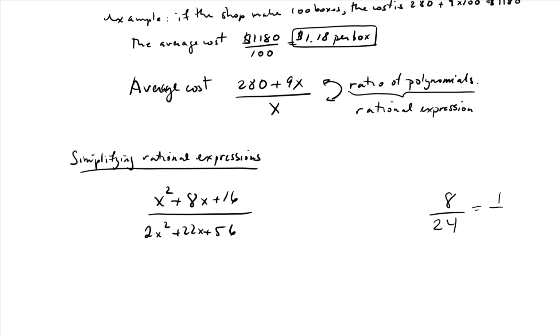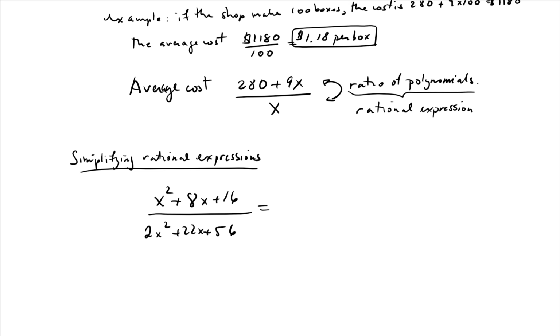This would be actually 1/3, so make it into a smaller fraction. We're going to do something similar here. By factoring this, we're going to see if they have common factors and rewrite this as a fraction of polynomials of lower degree. That's our goal. So instead of having smaller numbers, we have polynomials of lower degree.